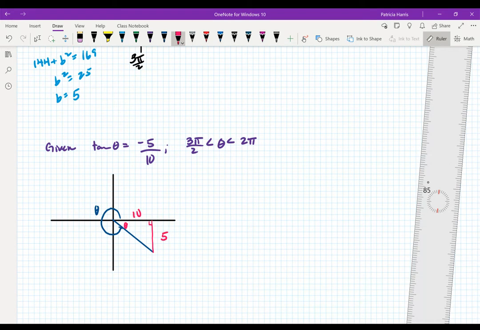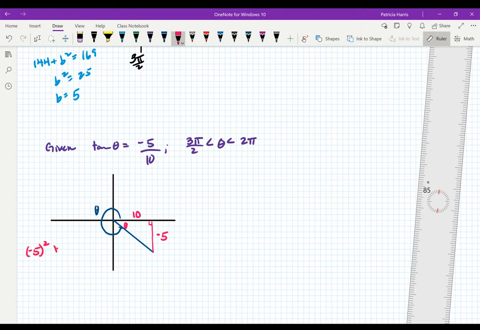Now notice that the 10 is on the positive side of the x-axis, and that the 5 is in the negative of the y. So the negative is going to go on the 5. Okay, so now I need a hypotenuse because I don't have one. Okay, and again, we're finding all of the remaining trig ratios. So I'm going to go ahead and find my hypotenuse.